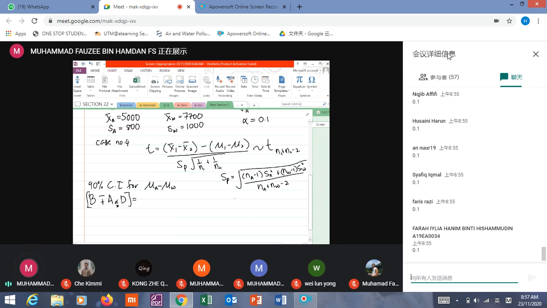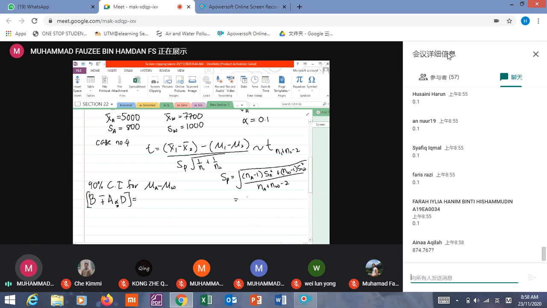So anybody already calculate SP? Can someone give me the answer for SP? It's not easy to calculate this one. So you need to try.